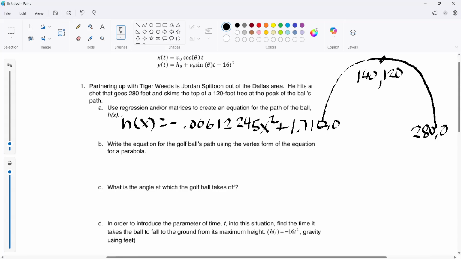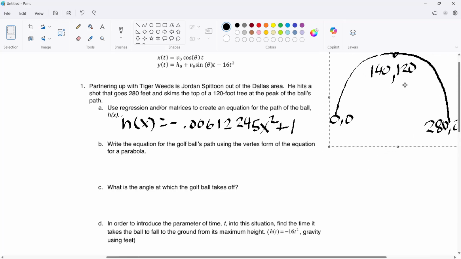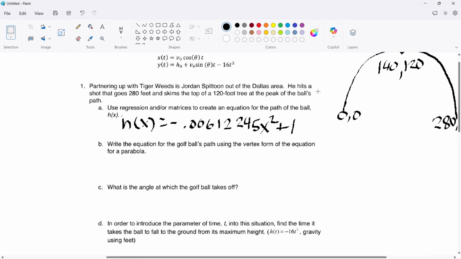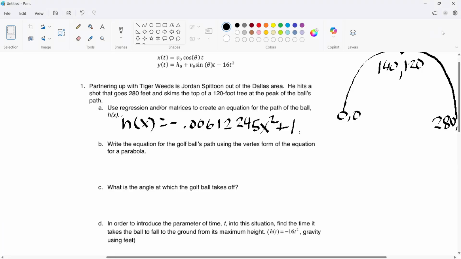Oh boy, it ran right into my picture. Let me move the picture just a little bit. Okay, that's easy enough.